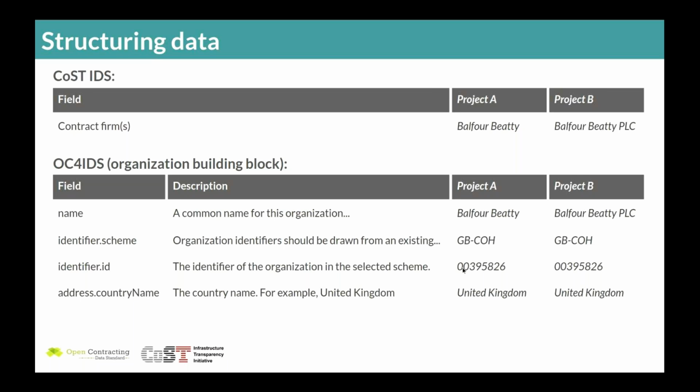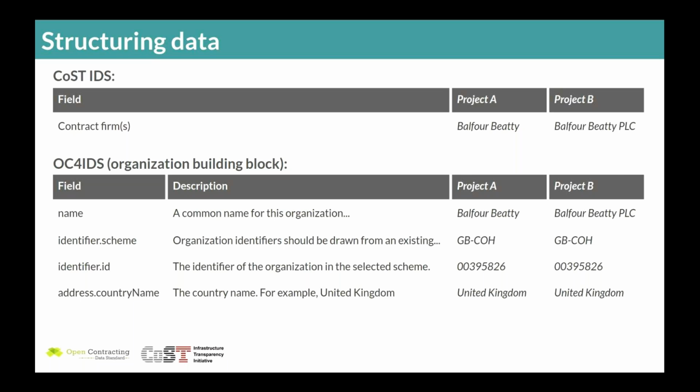We can see here that the ID for this organisation and the scheme that we specify are the same. So not only is the ID the same, ending in 826 for both, but also the identifier scheme is the same. I think this is a Companies House register here in the UK, and we have the legal name for this organisation.